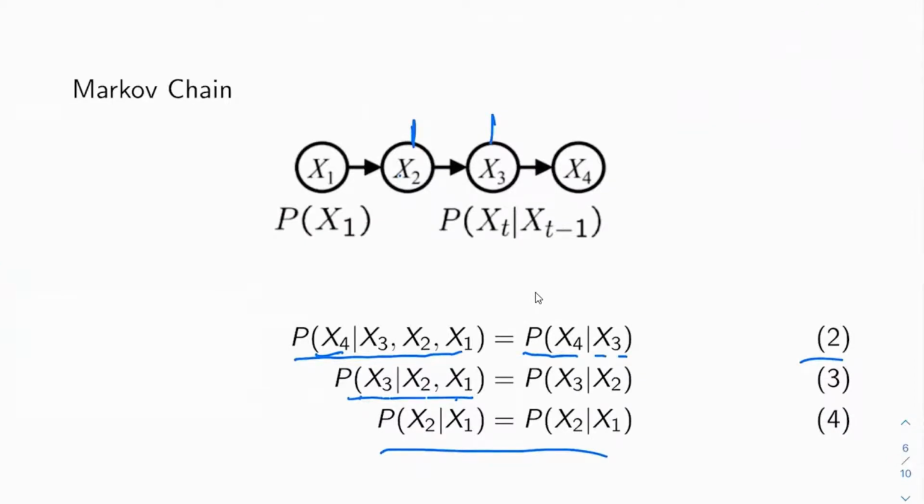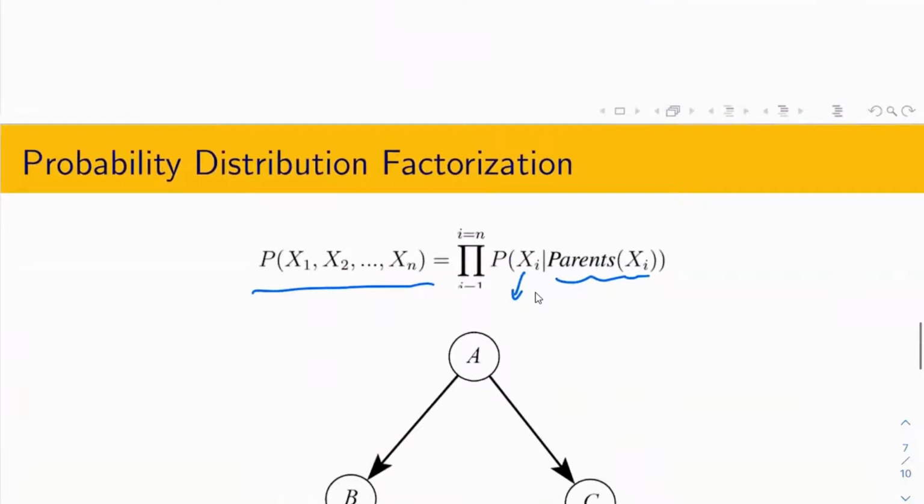See, x2 and x1 are not parents of x4. They don't have any edge to x4. So another way to look at this is that this is going to be x4 conditioned on x3, because x3 only is the parent of x4. It has an edge from x3 to x4. So what all this says is that the joint distribution can be factorized using this equation.